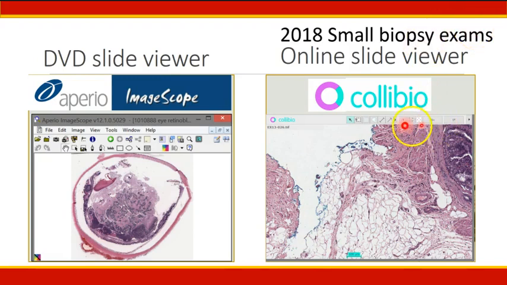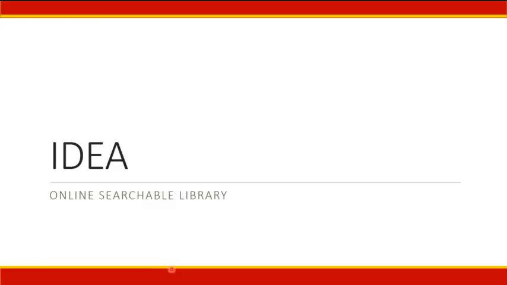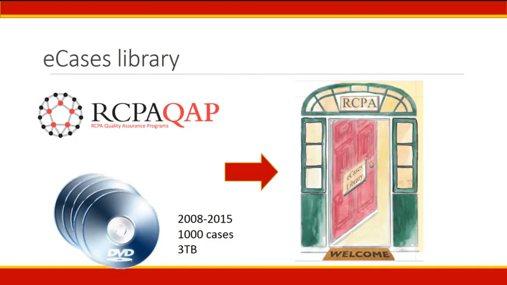The navigation controls are different, and if you want to become proficient, you should use the same slide viewer. So I think you can agree we can solve these problems of accessibility, searchability, integrated diagnosis and consistent software viewer by converting the DVDs to an online library.